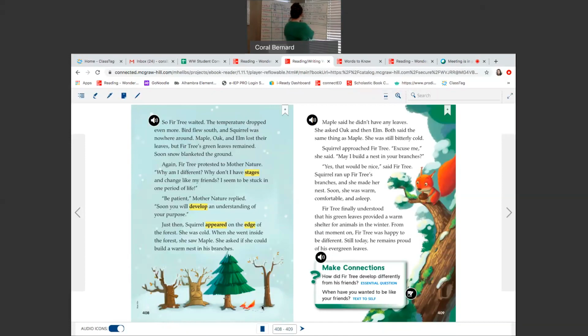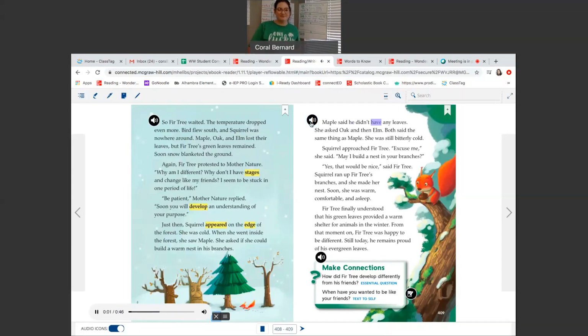Mother Nature tells him to be patient. There we go. Fir Tree wonders why he doesn't have stages. Mother Nature tells him to be patient. Let's listen to the last page and see if we can come up with one more clue and then identify the theme of the story.